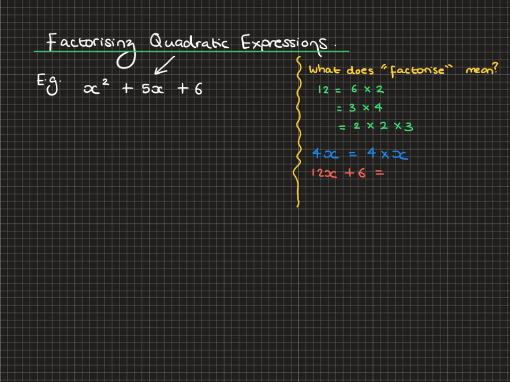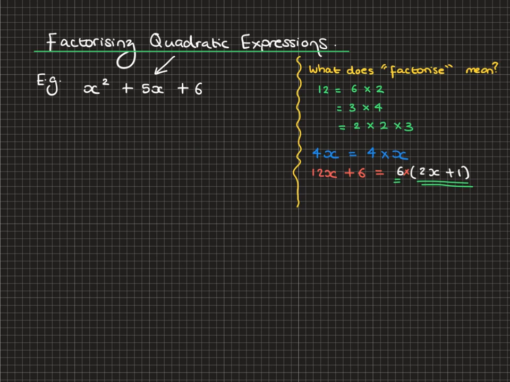And we know that you can factorize 12x plus 6 as 6 bracket 2x plus 1, which really means 6 multiplied by 2x plus 1. And these are the factors. So 6 is a factor, but so is 2x plus 1. They multiply together to give us 12x plus 6.